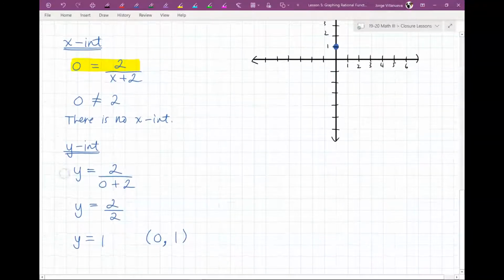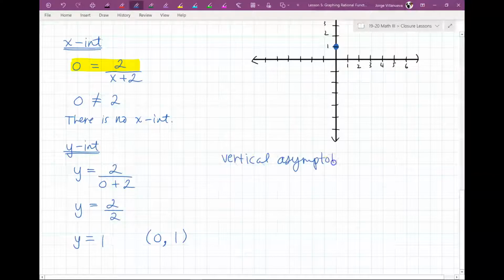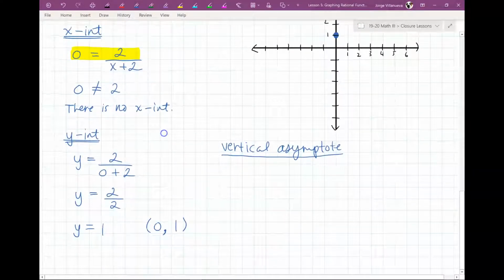Now, next is vertical asymptote. For the vertical asymptote, you're supposed to get your denominator, which is x plus 2, and set that equal to 0. Well, when you solve, you get x equals negative 2.